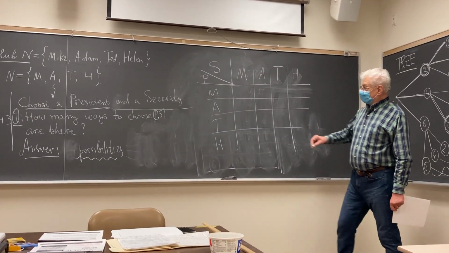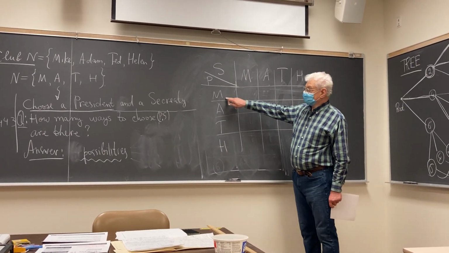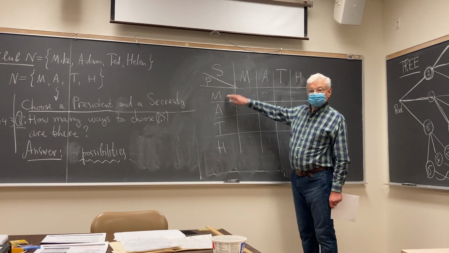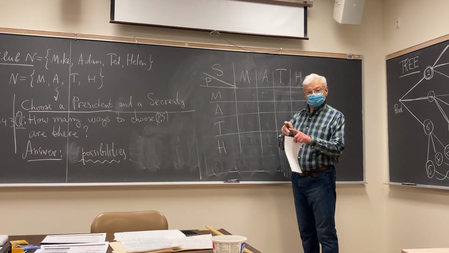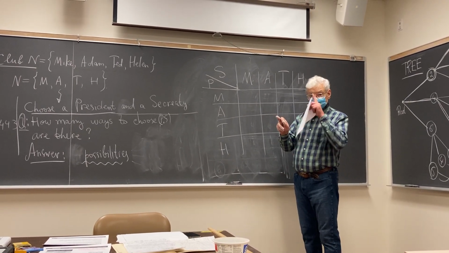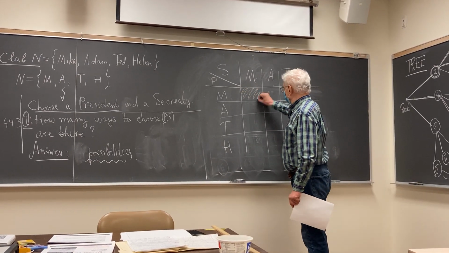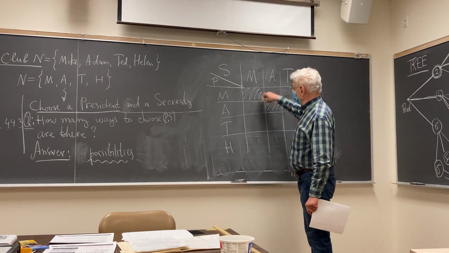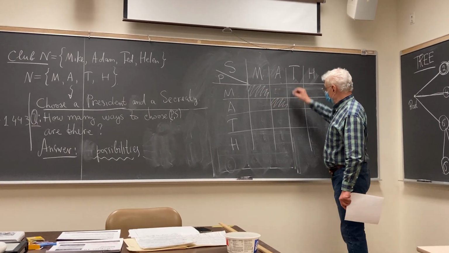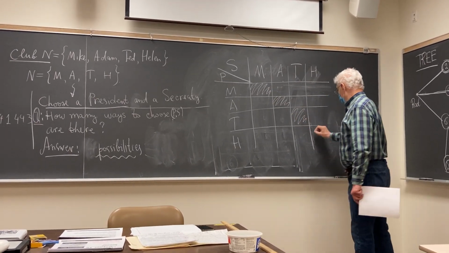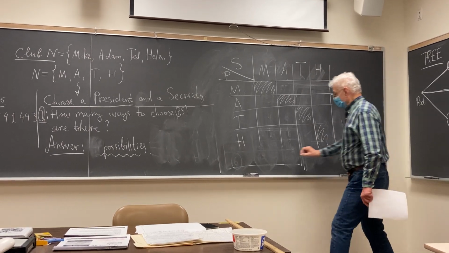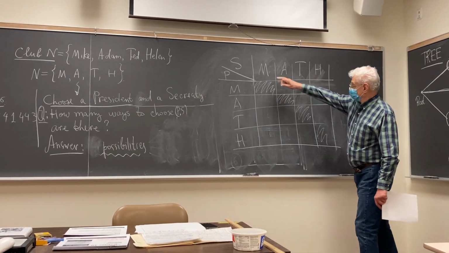First of all, if you choose M, Mike, as a president, you cannot choose Mike as a secretary, because it will be the same person. So we have to eliminate the square M and M. Likewise A and A, T and T, and H and H. So we eliminate the whole diagonal.